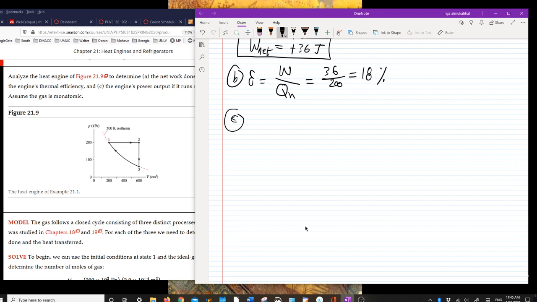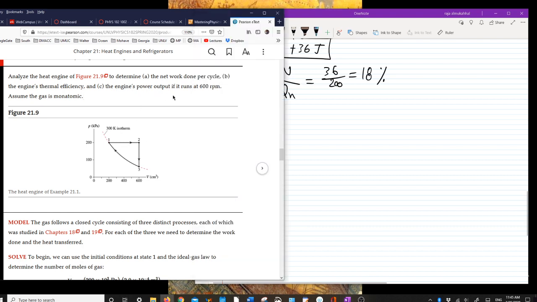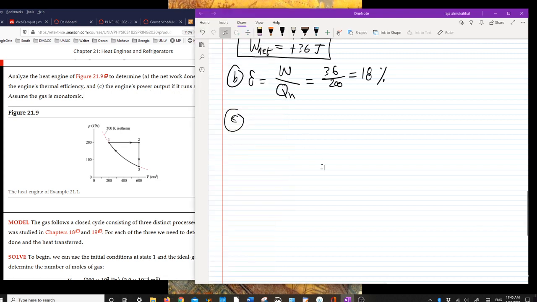is not difficult. Let me read it again. He said to determine the engine's power output if it runs at 600 RPM. So what does that mean? Well, the RPM, that's how I like to think of it as frequency. So that's 600 rev per min.